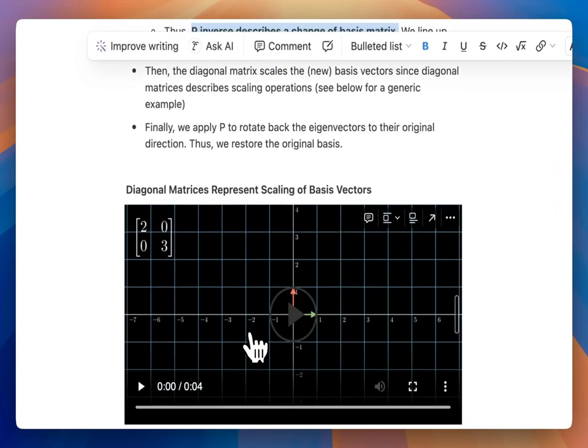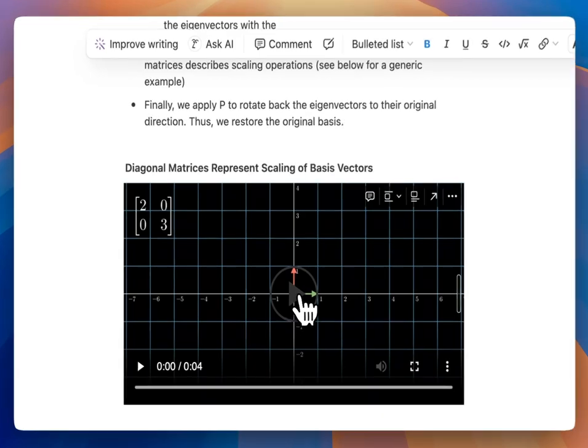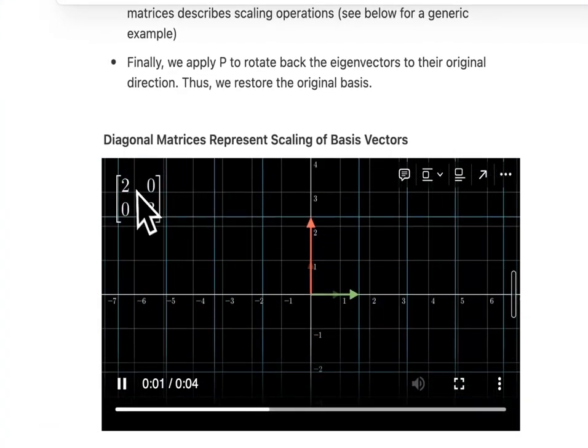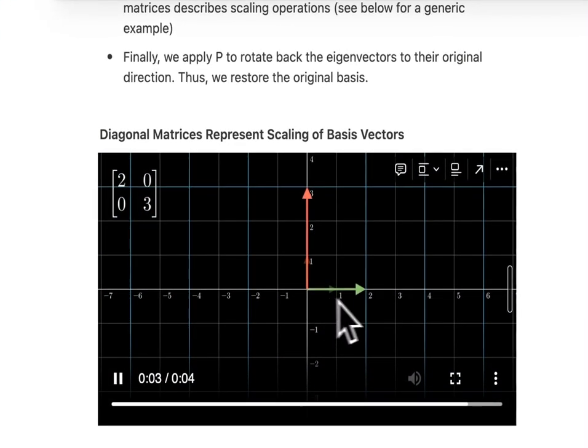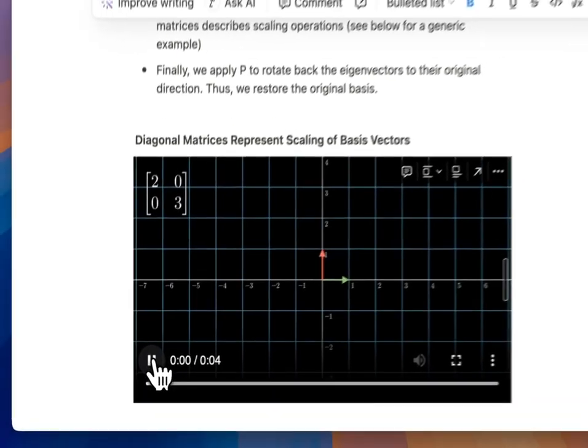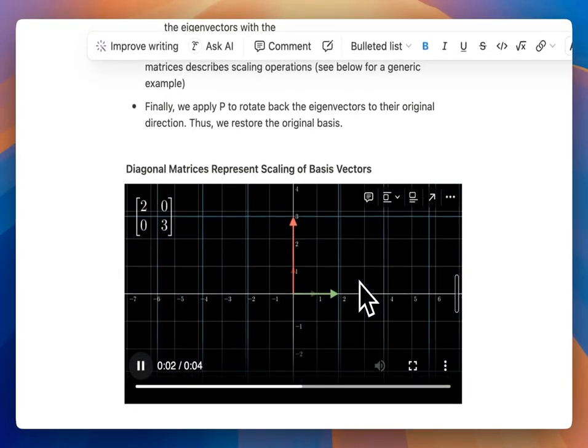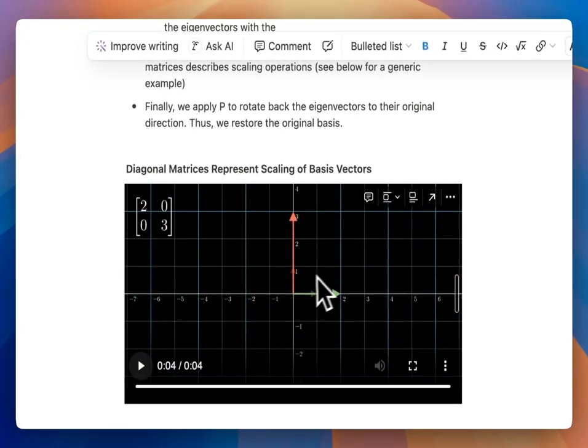And what does a diagonal matrix do? They only represent scaling of basis vectors. So for example, diag(2, 3) is going to scale the basis vector E1 by 2, and then the basis vector E2 by 3. So first, we're going to rotate our eigenvectors into the positions of the standard basis vectors. Then we're going to scale them by their eigenvalues, just as we want.